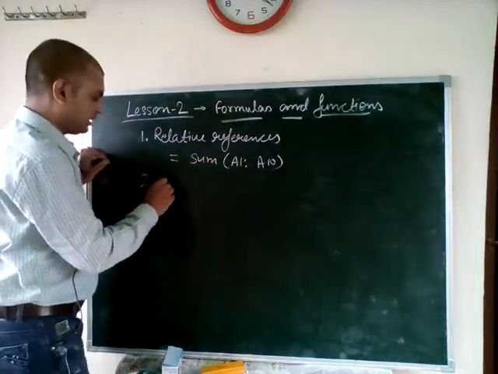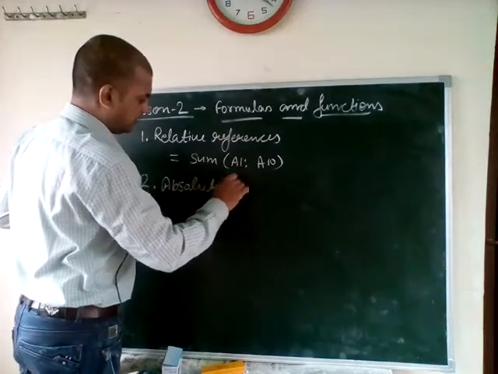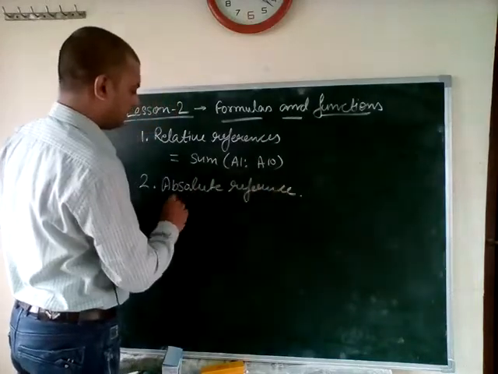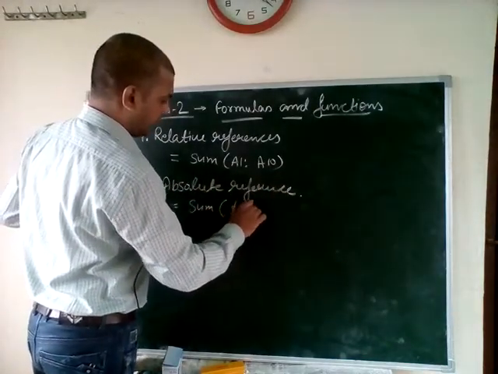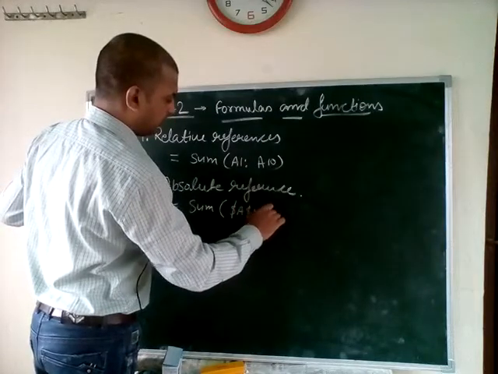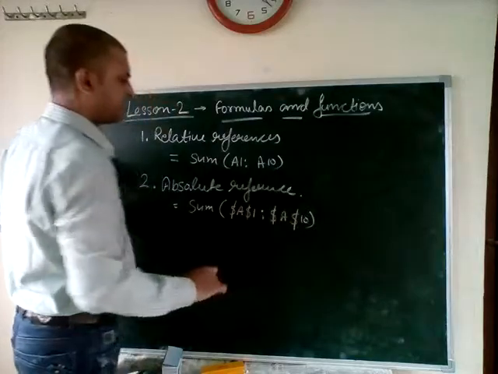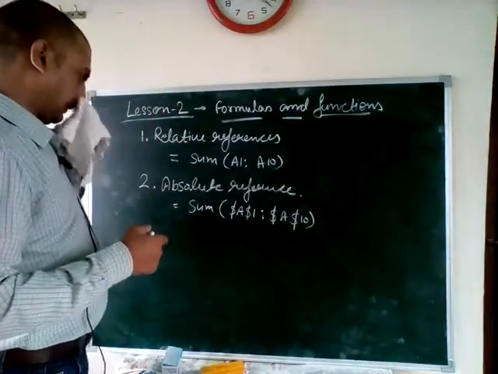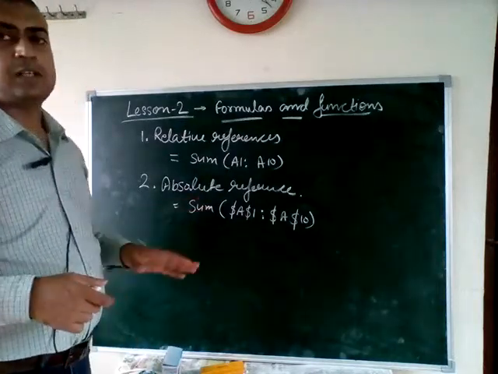Number 2 is absolute reference. In this, if you are using SUM $A$1 colon $A$10, what I have done is written the dollar symbol, and this dollar symbol will fix the value.